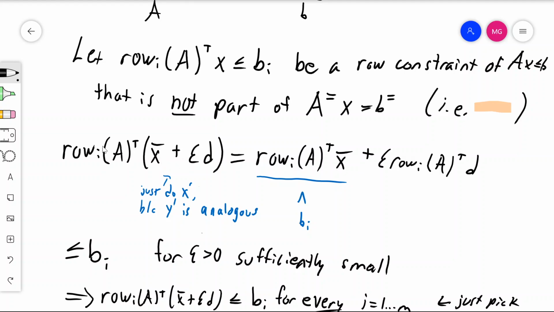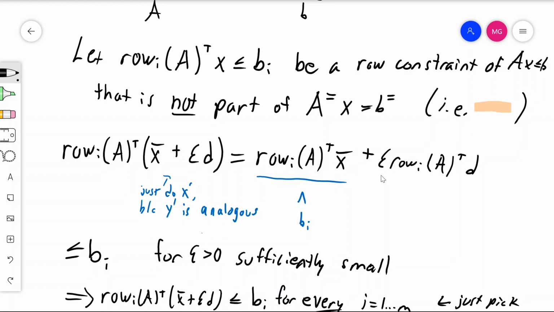That's what x prime is. So if I take this constraint times x prime, this is x bar plus epsilon d. I distribute the row i of A inside. So I get row i of A times x bar plus epsilon times row i of A times d.